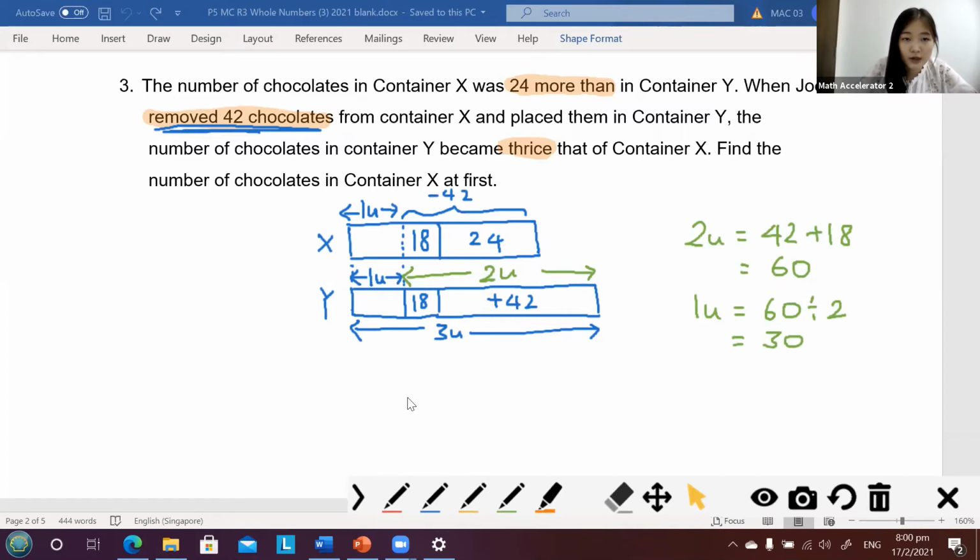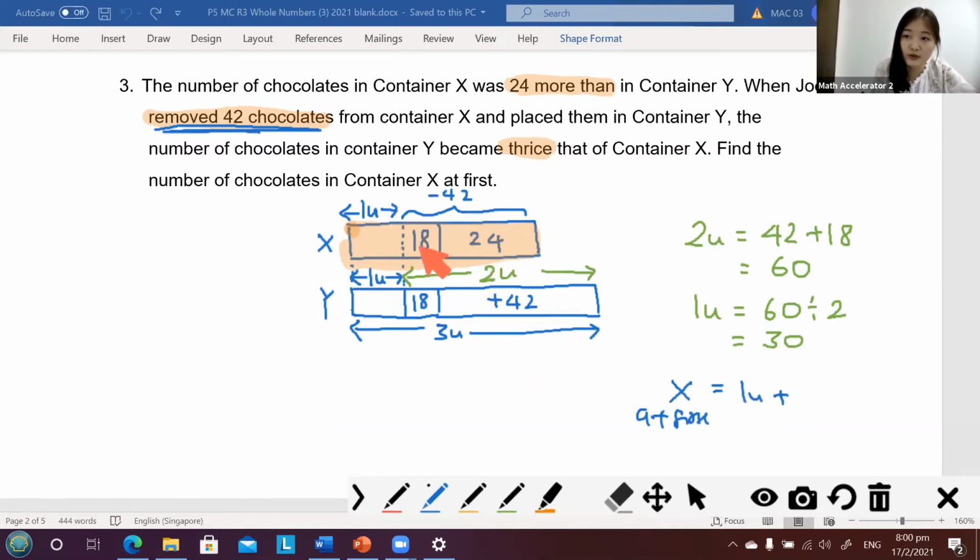You want the number of chocolates in container X at first, which means you have not removed 42 from X and put it into Y. So this portion here has to be your number of chocolates in container X at first, which is 1 unit plus 42.